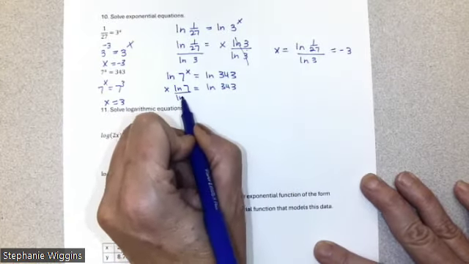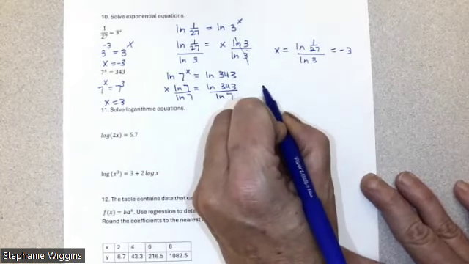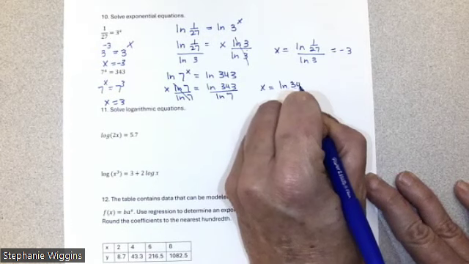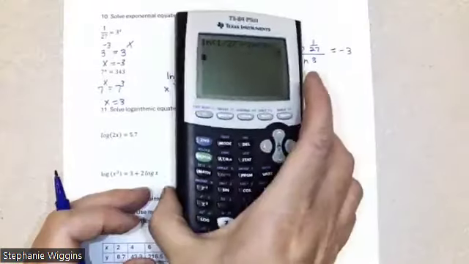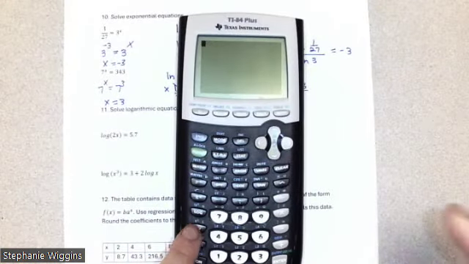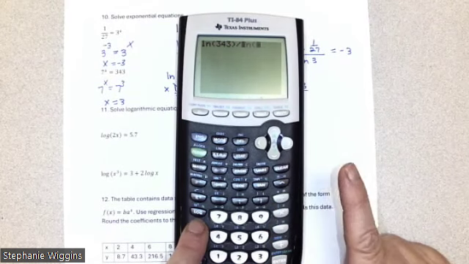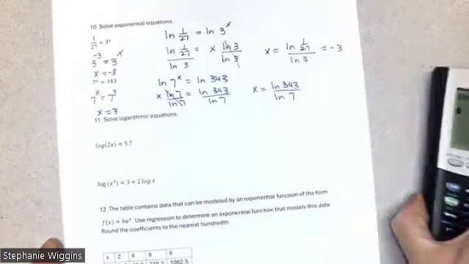And you divide both sides by the natural log of 7. And so you get x is equal to the natural log of 343 divided by the natural log of 7. And again, the natural log of 343 divided by the natural log of 7 is 3.